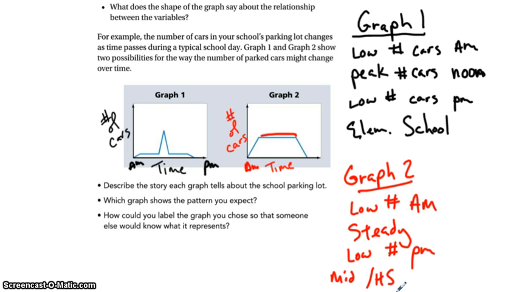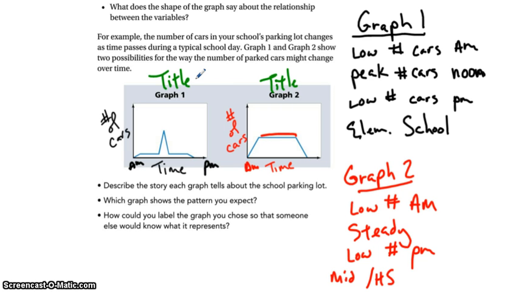All right, so another label that we would need to include on here would be a title. So we need to make sure that we would include a title on both of these. Other than that, these would be two different stories that we could depict from just these two graphs. Now, does that mean that graph number 1 describes an elementary school? No. We could actually make a case that graph number 1 could describe a middle school.